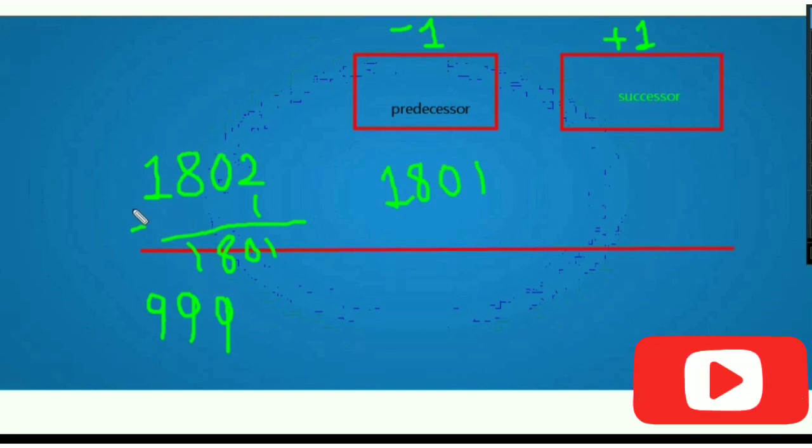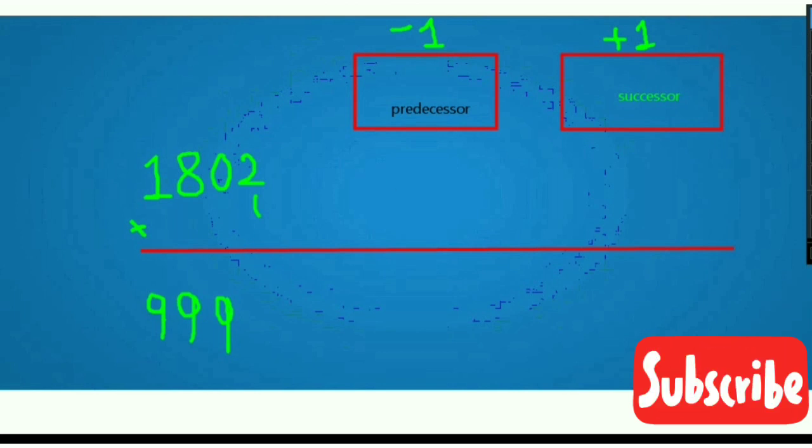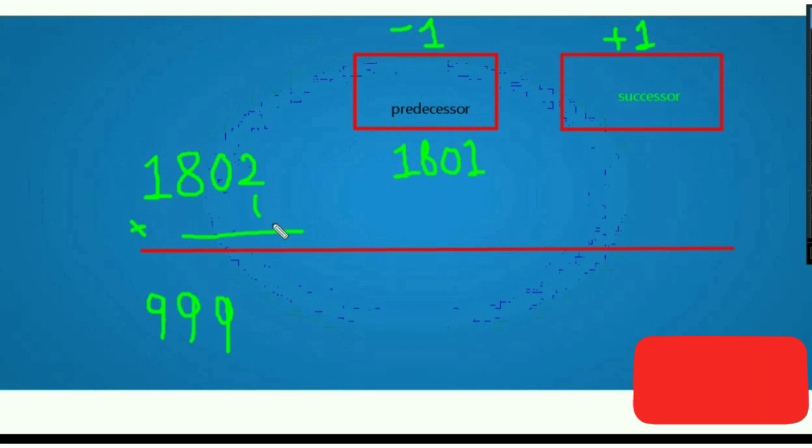Now let's find the successor. Okay, how are we going to find the successor of it? We simply need to add 1 to it. Now let's find it. Plus. Okay. Now see here. 2 plus 1 equal to 3.